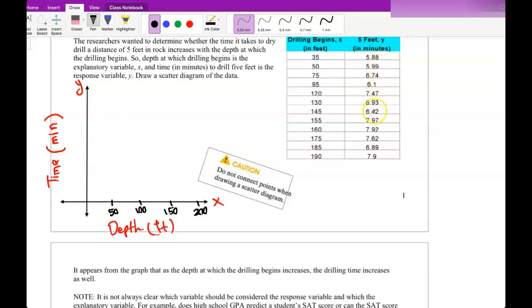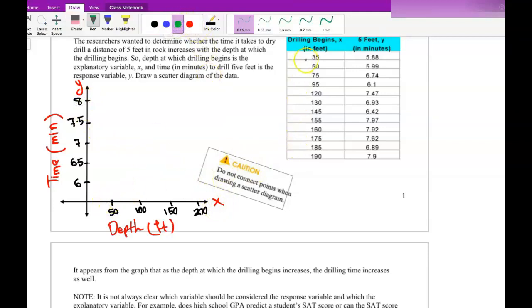These are not in order, but that is the lowest point we have, and the highest one is 7.9. So I'm going to use these on the y-axis.